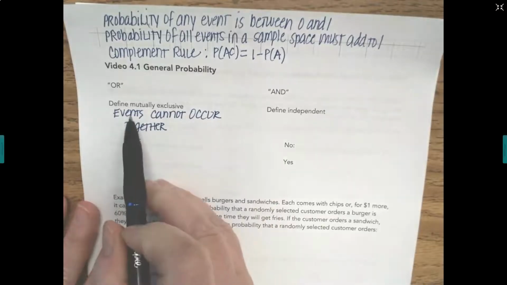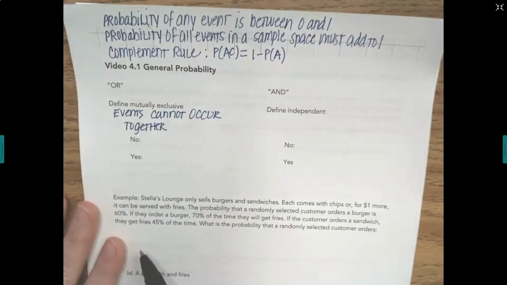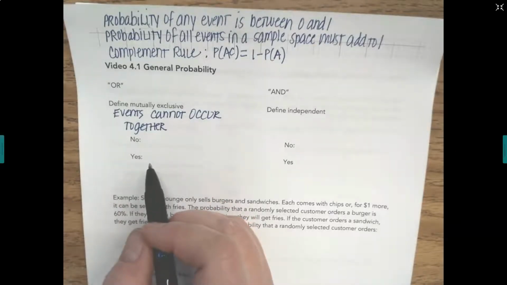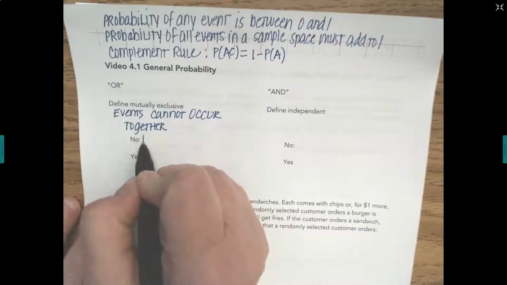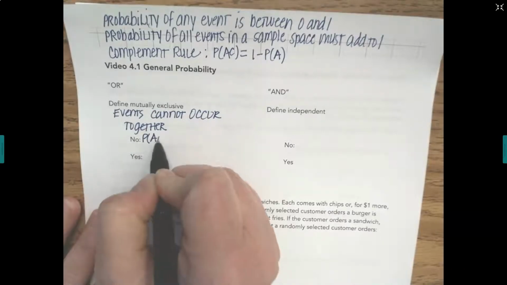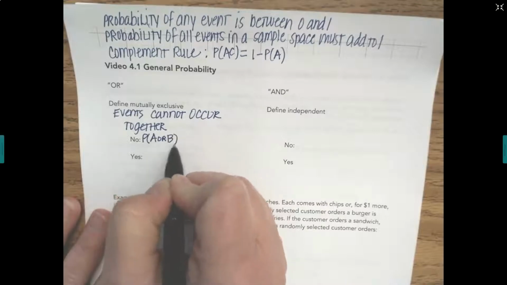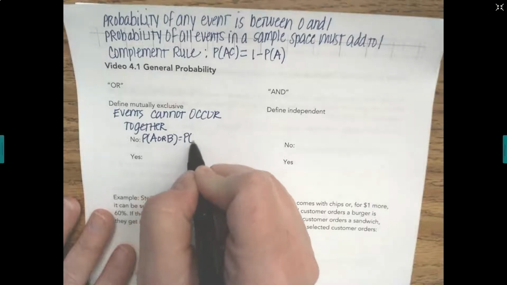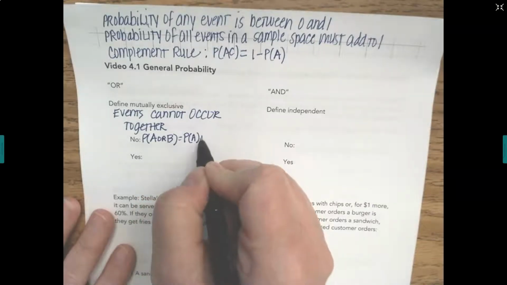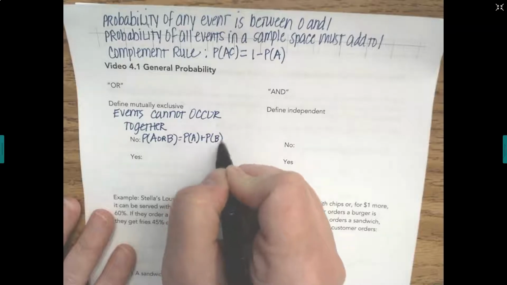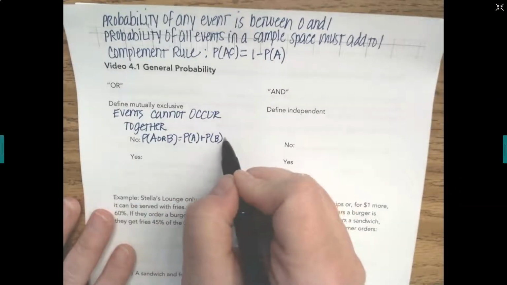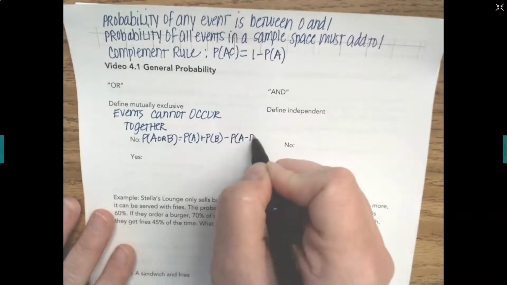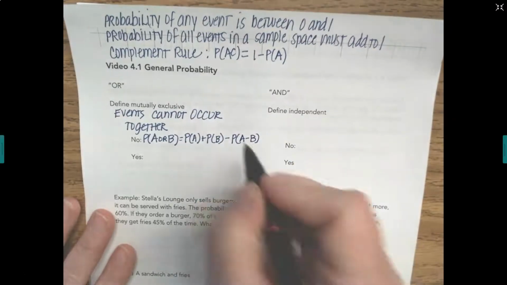Okay, so if you ask yourself, are these mutually exclusive? And your answer is no. The rule that you're going to use to find the probability: we're saying the probability of A or B in non-mutually exclusive events is the probability of A plus the probability of B. And because they're not mutually exclusive, you need to subtract the overlap, is what we called this when we were learning about it.